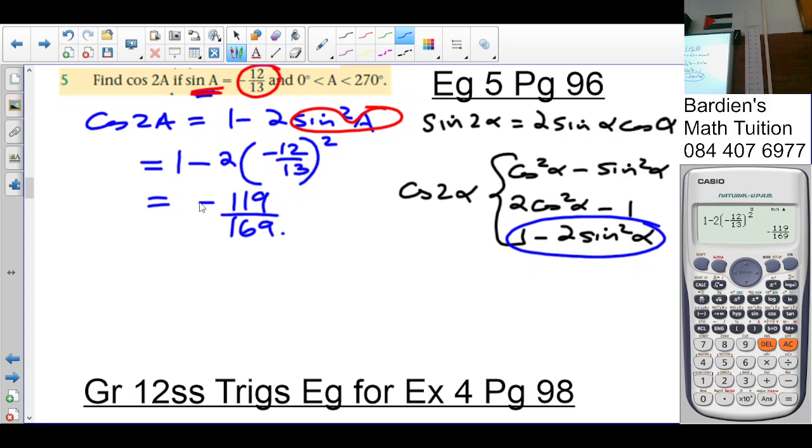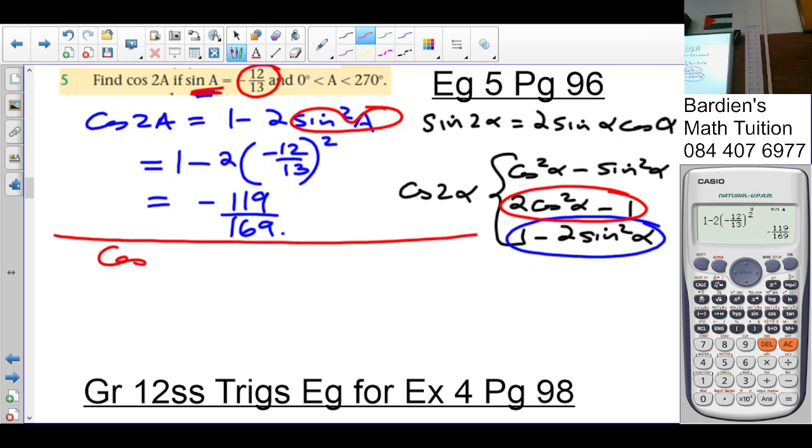Now say for argument's sake, you're the cos kind of girl. You say, I want to use cos. Remember that cos of 2 alpha is equal to 2 cos squared alpha minus 1. But then I actually need to draw a diagram.